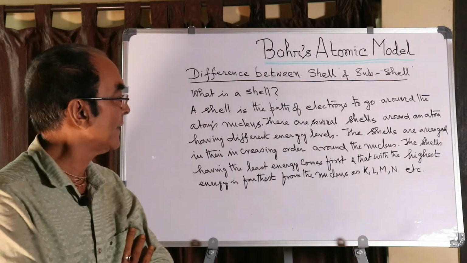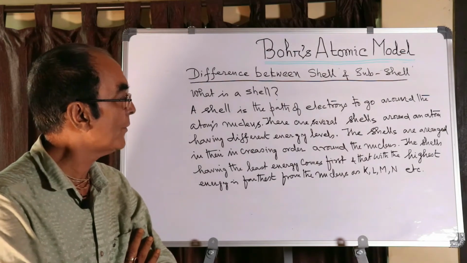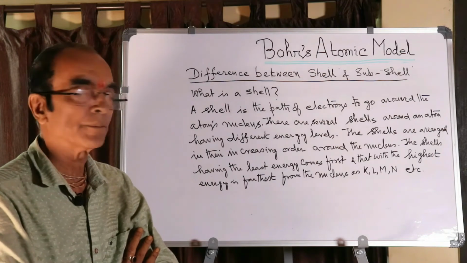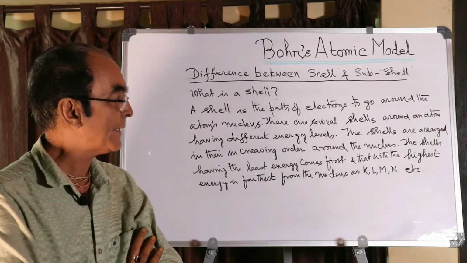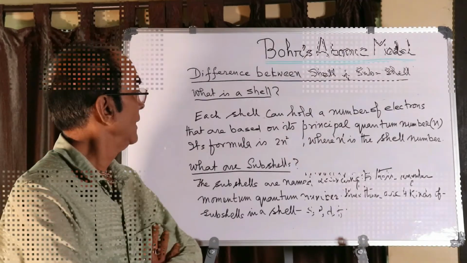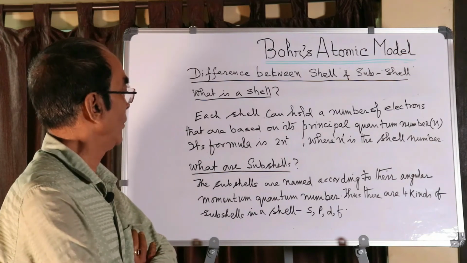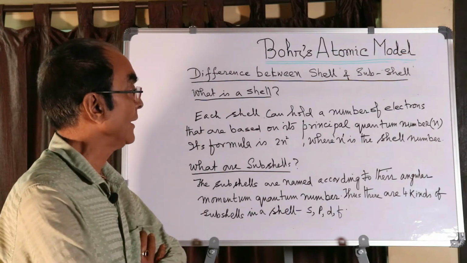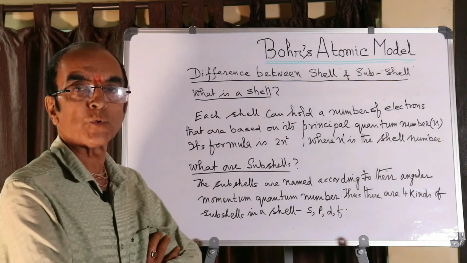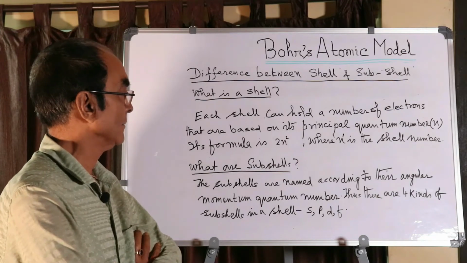The shell having the least energy comes first, and the one with the highest energy is farthest from the nucleus, such as K, L, M, N, etc. Each shell can hold a number of electrons based on its principal quantum number. Its formula is 2n², where n is the shell number.